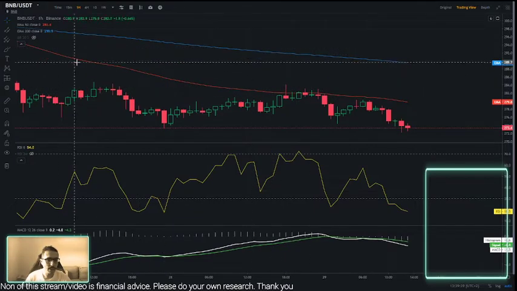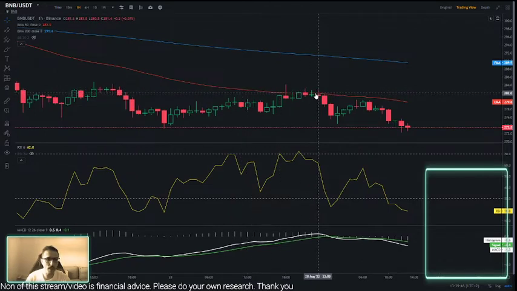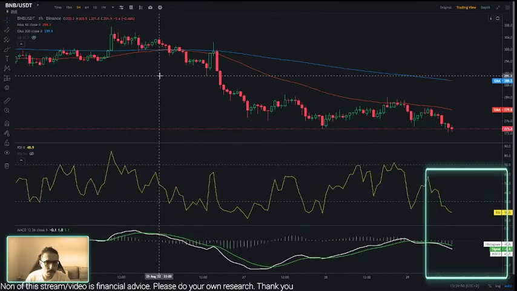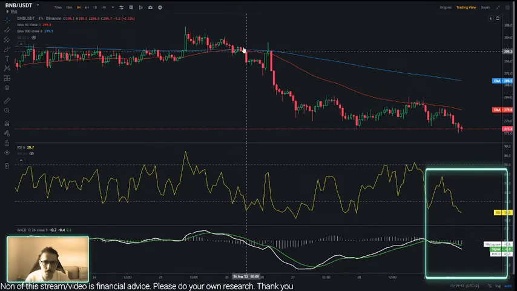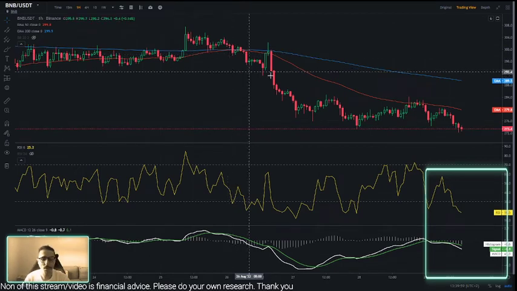So we can see here that the 50 day exponential moving average has been working as a resistance level, as we would expect from here, and right there we were about to build a golden cross. Unfortunately it didn't work out thanks to JPO.